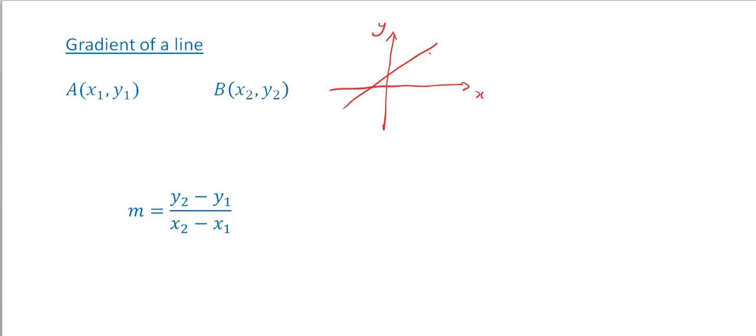This straight line has a gradient which we call M, which is essentially the slope of the line. Now, if we have a horizontal line, the gradient or the slope is equal to 0. If we have a line that is sloping upwards, then the gradient is positive.